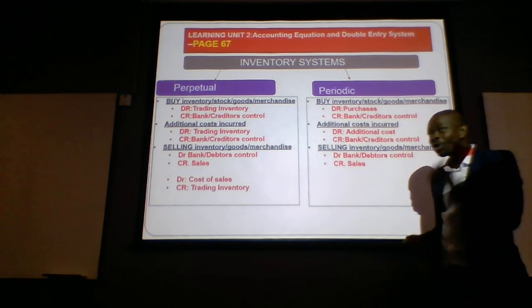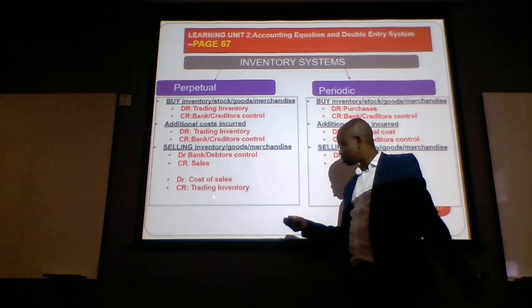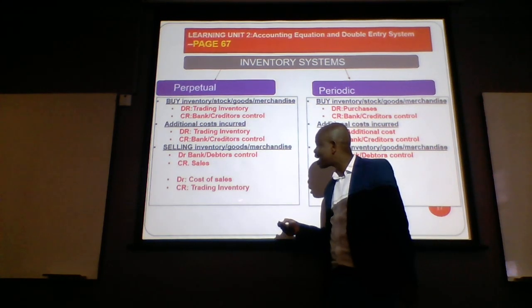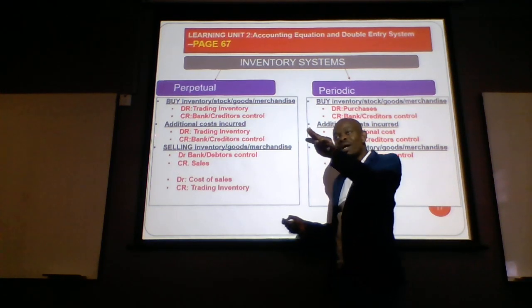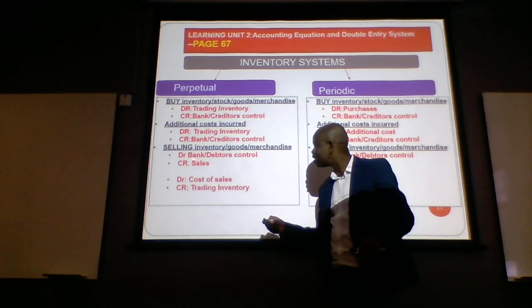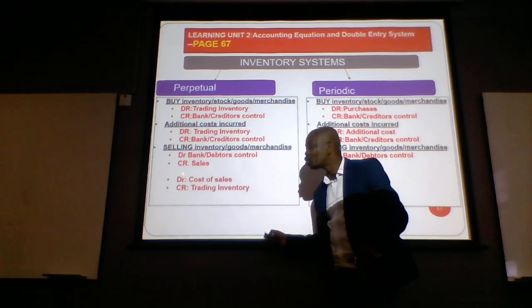Cost of sales always go with, because when you say cost of sales, cost of what? Inventory. So can you see when you sell stock under perpetual, you must always have 4 accounts. And you must know how to pay them. These always go together here. These two. And these ones always go to, you cannot mix them.